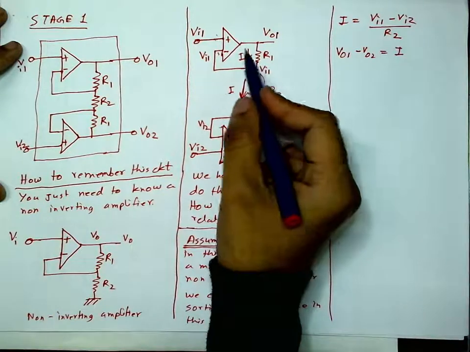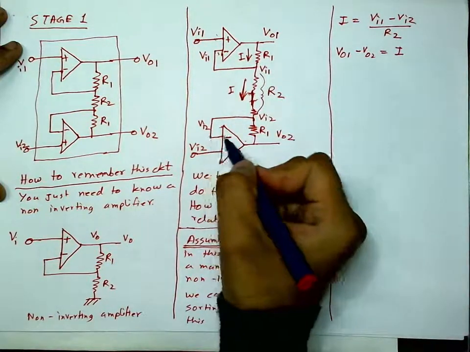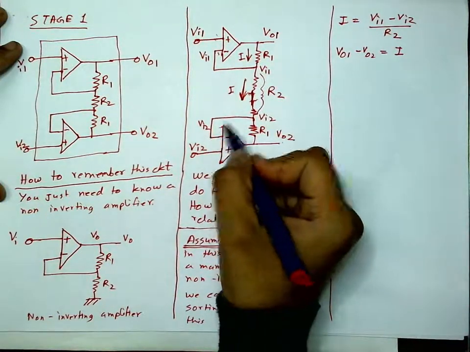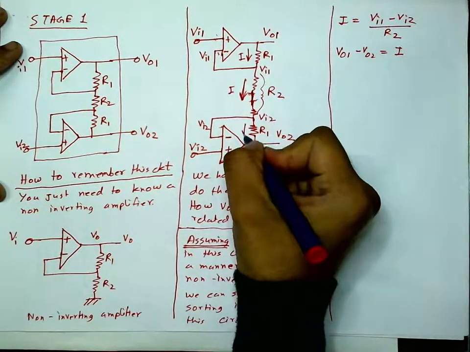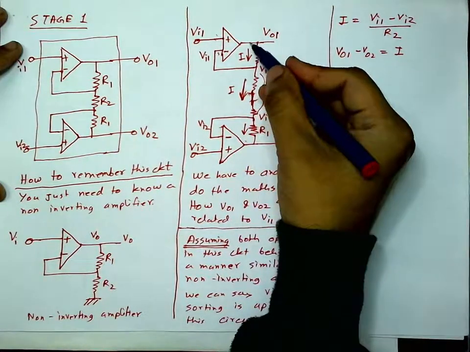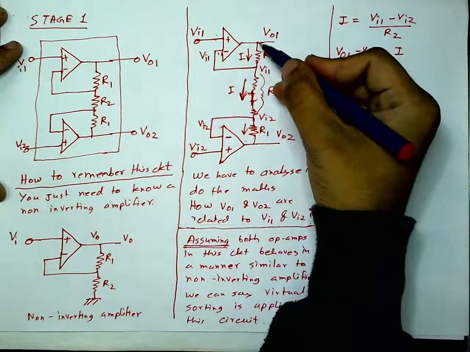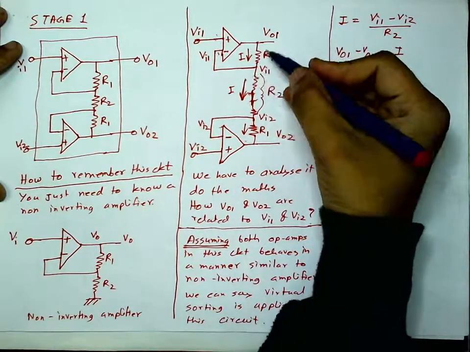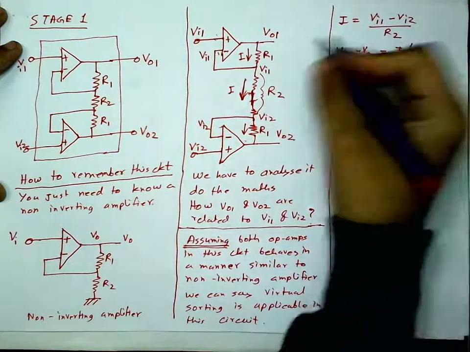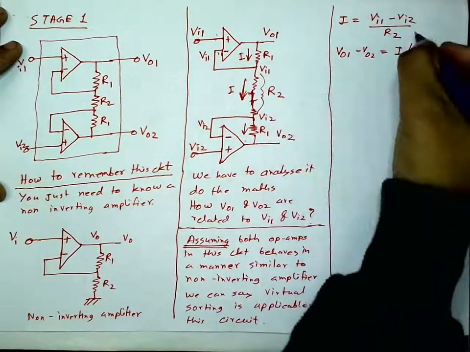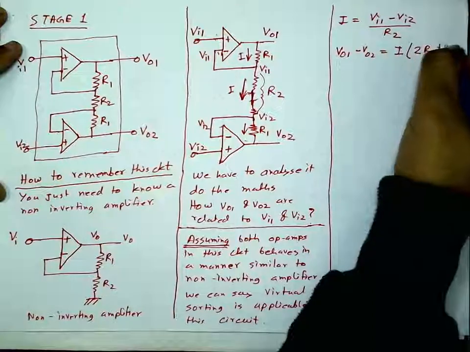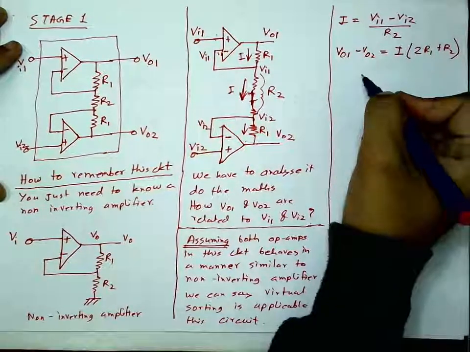That's what we all know. So this current I flows from here to here. I can write I multiplied by the total resistance, which will be R1 plus R2 plus R1, that means 2R1 plus R2, is VO1 minus VO2.